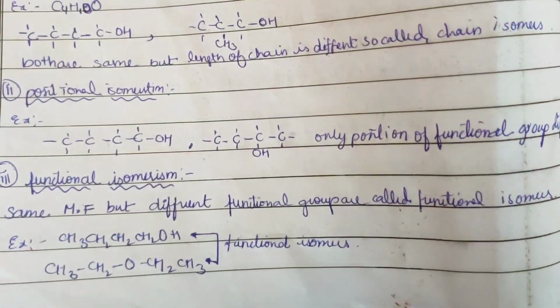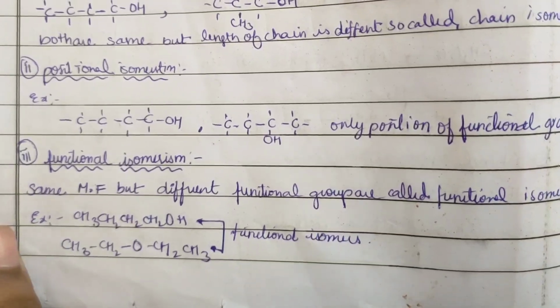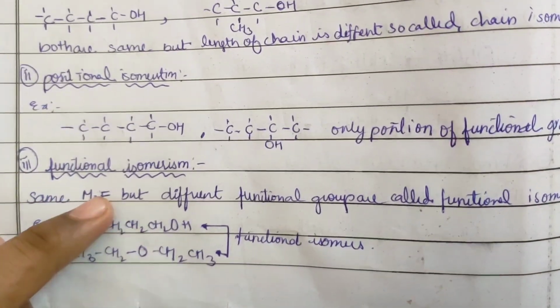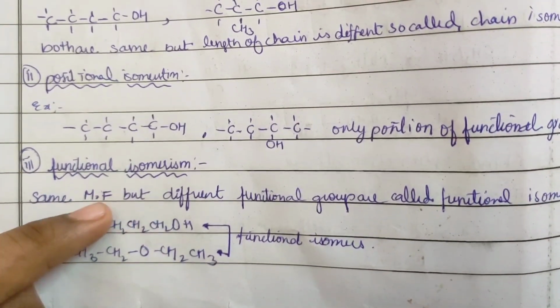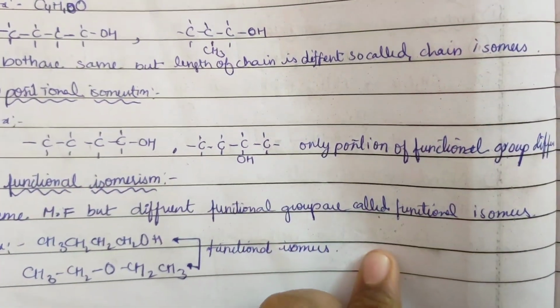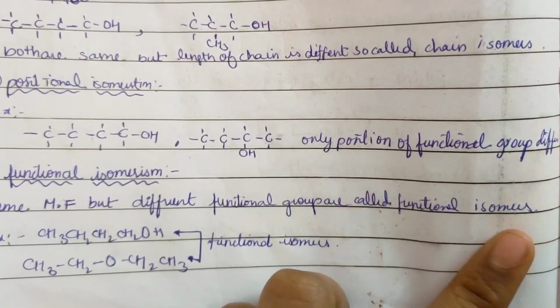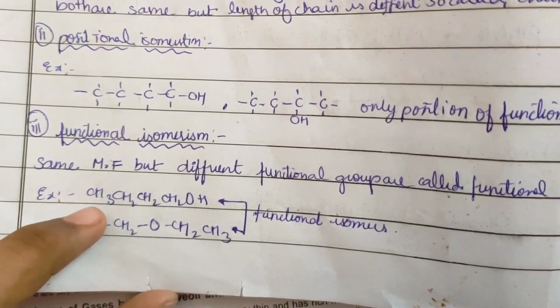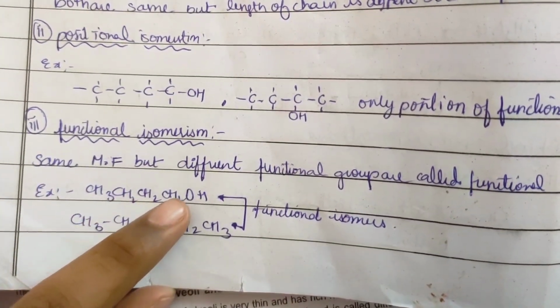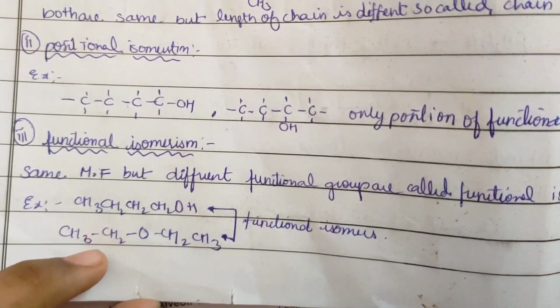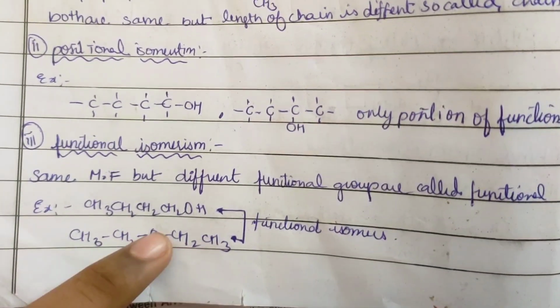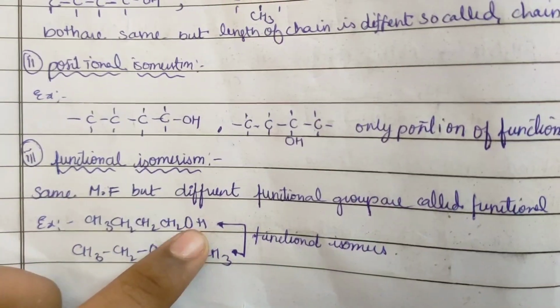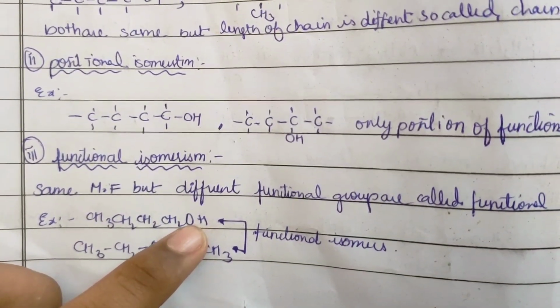Now functional isomerism. Here the same molecular formula is present, but different functional groups are present, so they are called functional isomers. For example, here you can see CH3CH2CH2CH2OH is present, then CH3CH2OCH2CH3. Here the alcohol functional group is present, here the ether functional group is present.